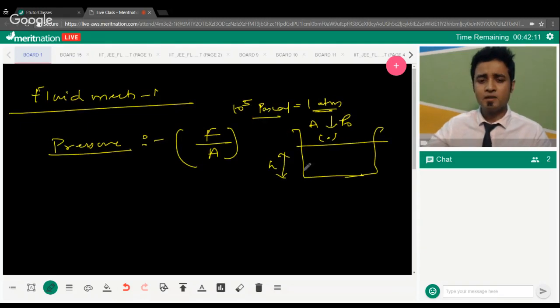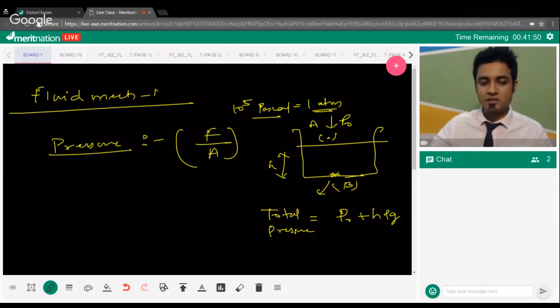What about the bottom? At the bottom, the liquid also exerts some pressure. If I consider this point as B, the total pressure would be P naught plus h rho g, where h is the depth, or if you take this as a reference point, you can take it as a height as well.